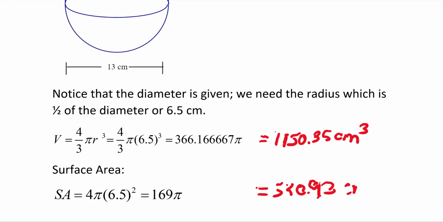And this is going to be centimeters. I apologize for my pen. I'm not sure why it's not working very well. Centimeters squared.